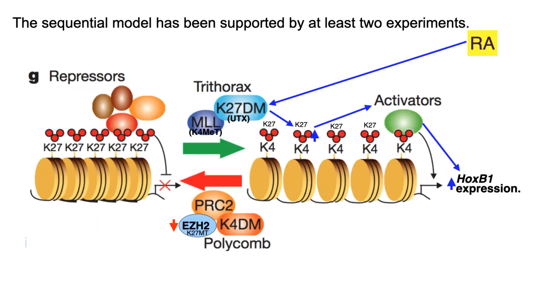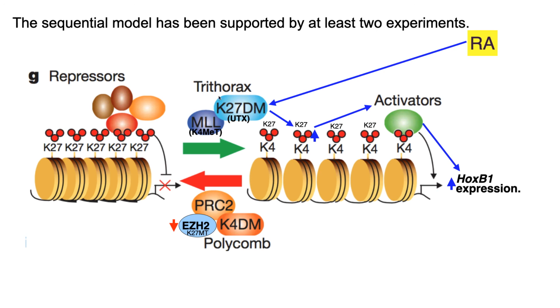So, all together, what this data supports is the idea that retinoic acid induced HOXB1 expression works through the trithorax complex, including UTX, which is the K27 demethylase, works through MLL, which is the K4 methyltransferase, which then leads to the expression of HOXB1.